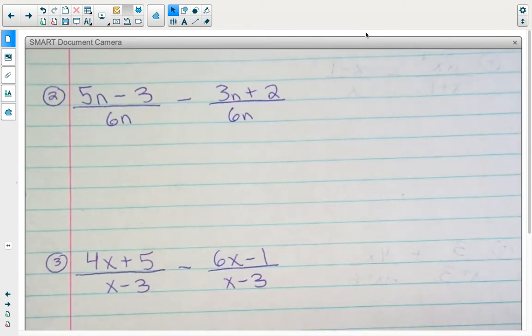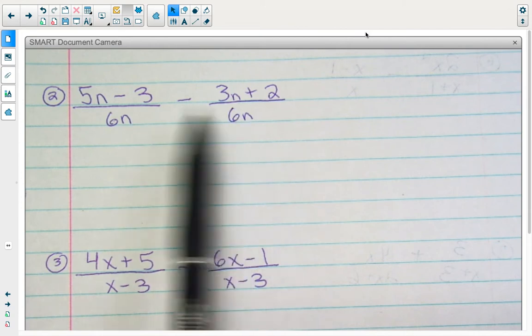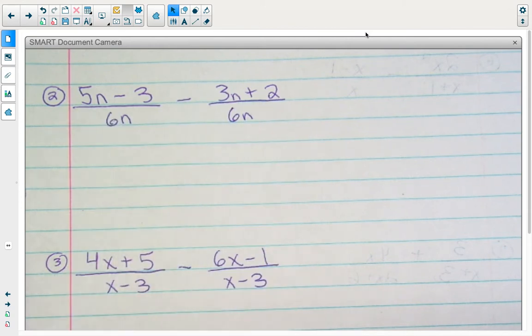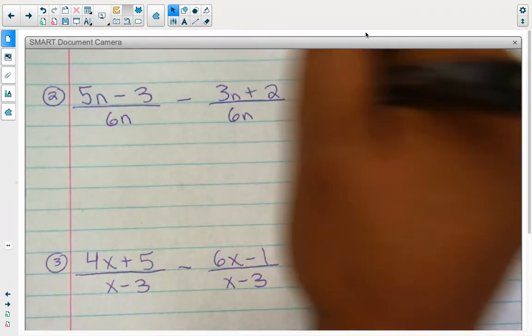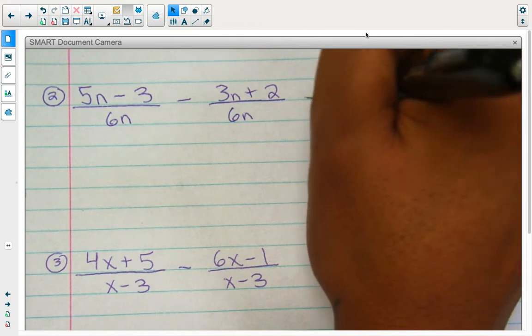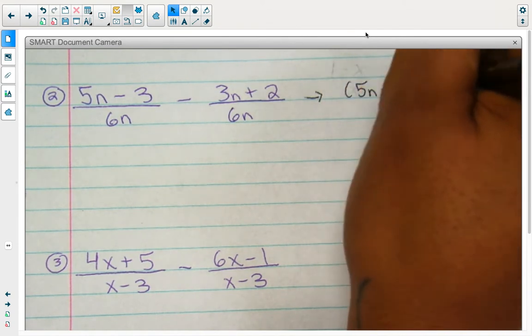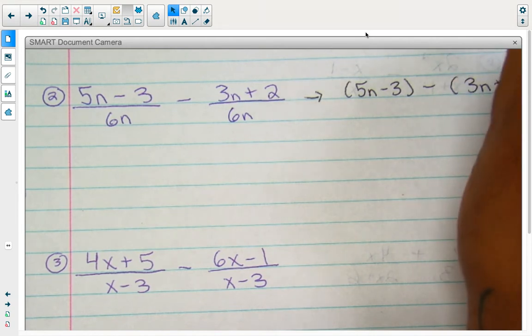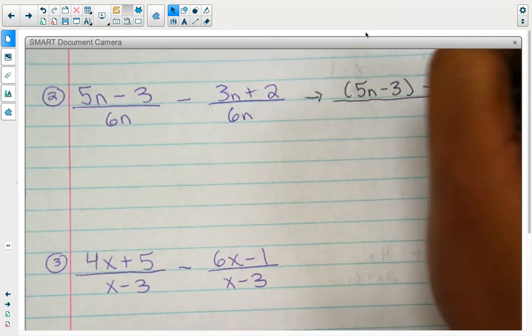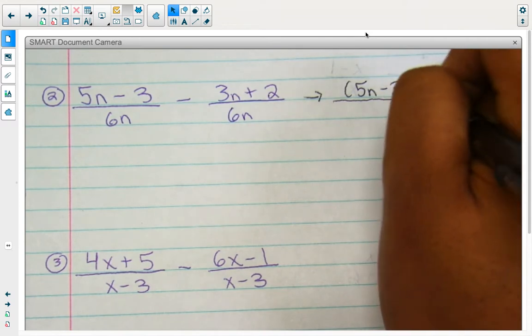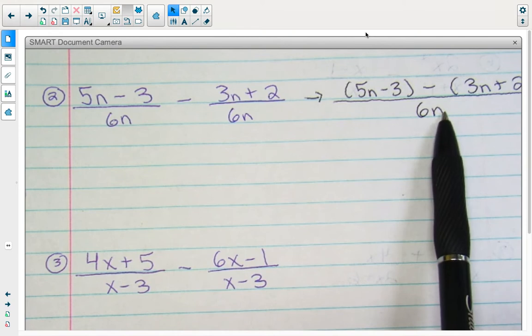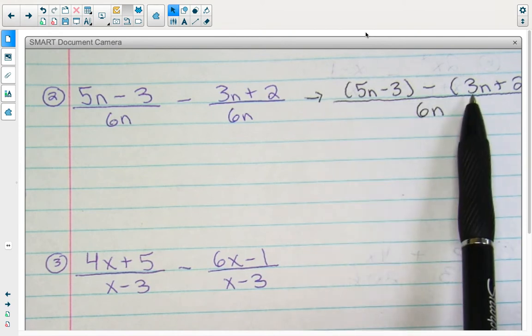Number 2. Okay, lucky us, the denominator is the same, so I just need to subtract my top pieces. Now, I am going to do an intermediate step in here just to make sure we're good to go. So I'm going to write this as 5n minus 3 minus 3n plus 2, and that is all over 6n. So the denominator is the same, and now I'm just going to subtract my numerator like terms.